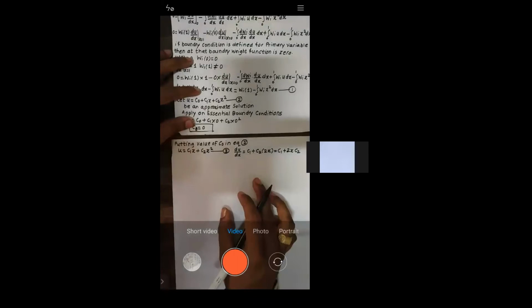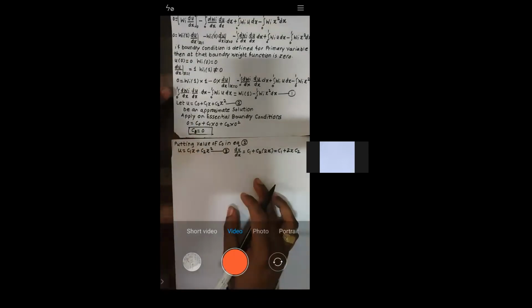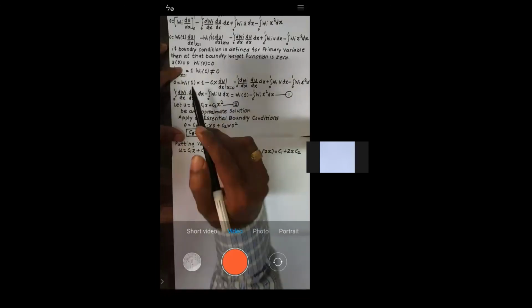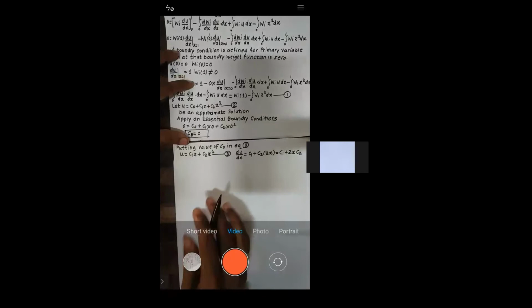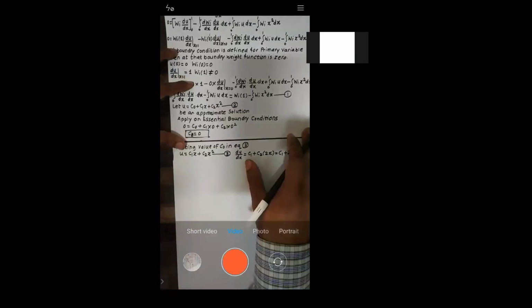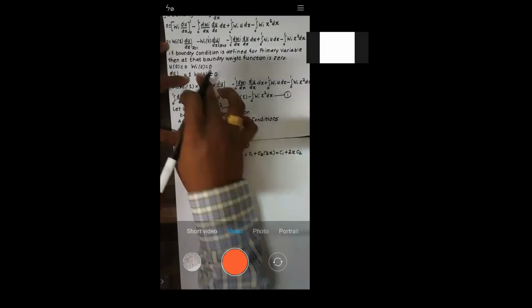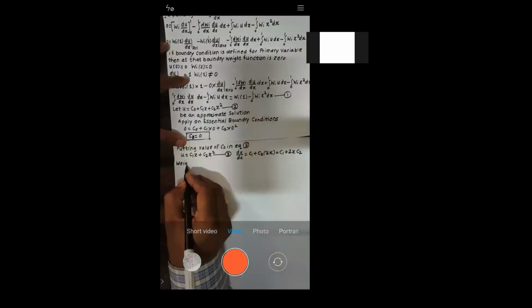See, you have calculated du by dx, right? Similarly, you should know the weight functions. Then you can calculate the derivative of the weight functions. So tell me, what are the weight functions? In the last numerical also I wrote one statement. What are the weight functions?